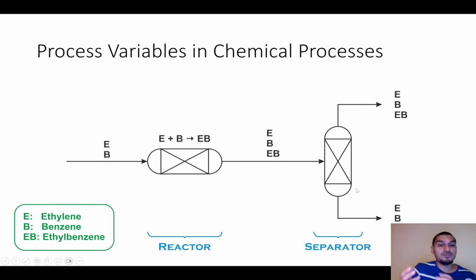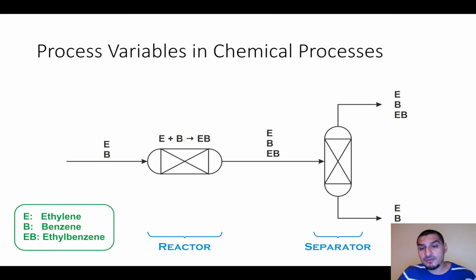So we have here blocks and we have streams. The stream is the arrow that represents the components going from one place to another, and the block is part of the process where something is taking place, either reaction, separation, cooling, heating, whatever the process is, it is going to be in one of these blocks.